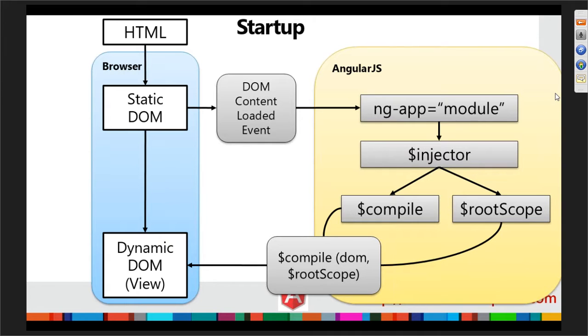Ranjit, do you want to ask now in audio? Okay, before I take your question, Ranjit, if view is dynamic DOM, then what are model and controller? Very good. View is dynamic DOM, right?